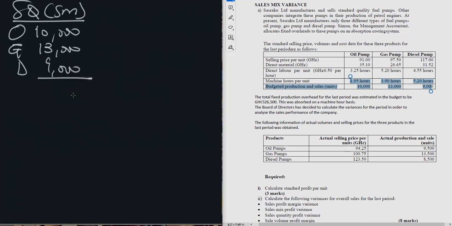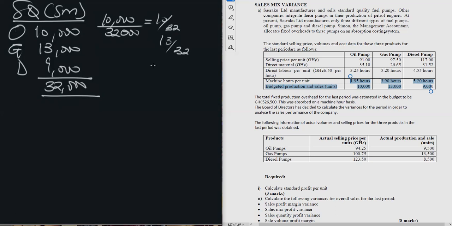When we add this up, that should give us the total standard quantity, which is 10,000 plus 13,000 plus 9,000. That gives us 32,000. So look at how we get the standard mix. It becomes 10,000 out of 32,000 for this one, which becomes 10 out of 32. This becomes 13 out of 32, and this one becomes 9 out of 32.